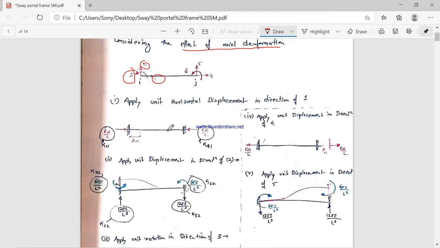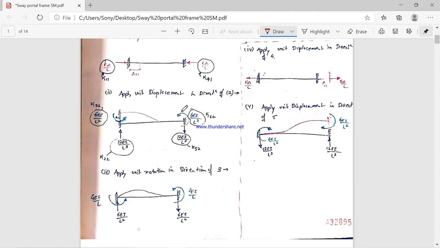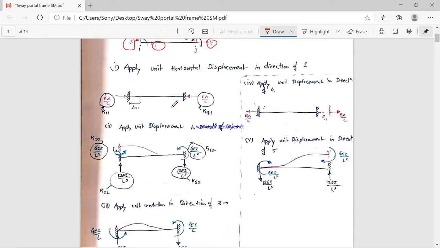Now all of this happens at the joint, at the node I. Now we have to consider the J node also. So apply the unit displacement in the direction of 4. Now what is happening when we apply the unit displacement in the direction of 4? The same mirror image of whatever we calculated for the I node, but with opposite sign, will be formed here at the J node.